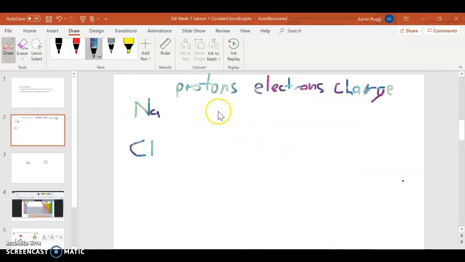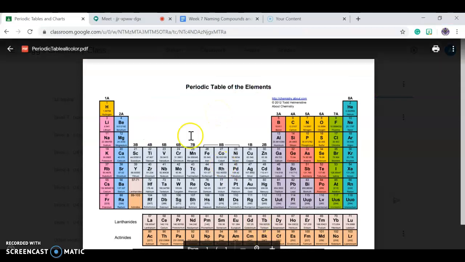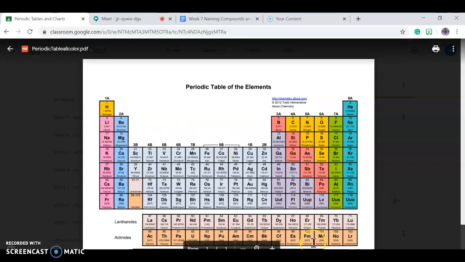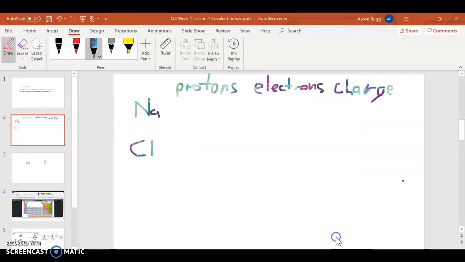Sodium has a certain number of protons and electrons. How many protons? Protons are always read from the atomic number, 11. So 11 protons. How many electrons does it have?